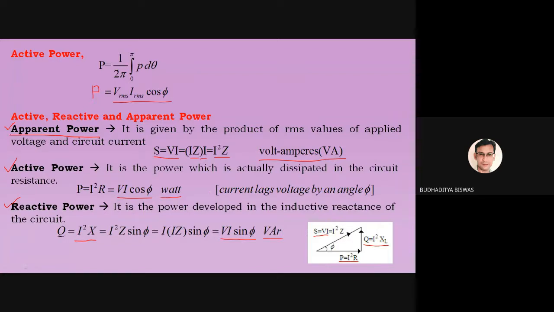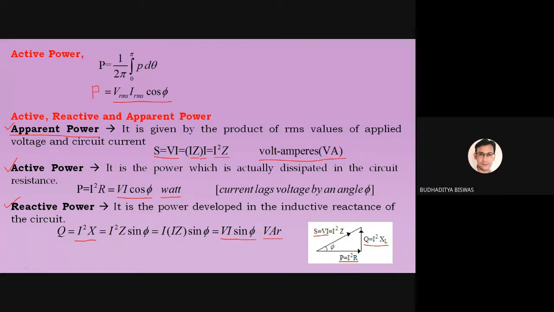But what is the significance of this one? From where do we get the power? Because some power is required in your house to switch on all the electrical appliances present there.